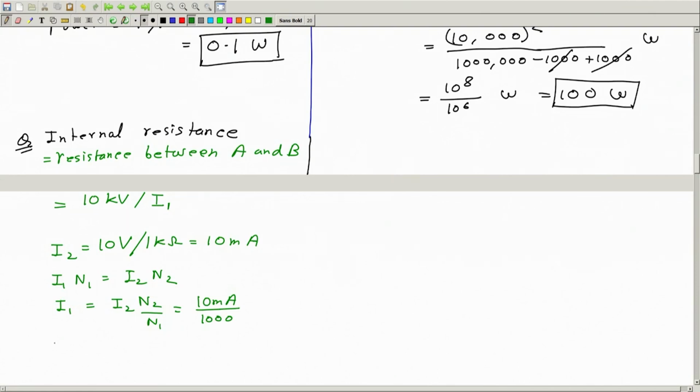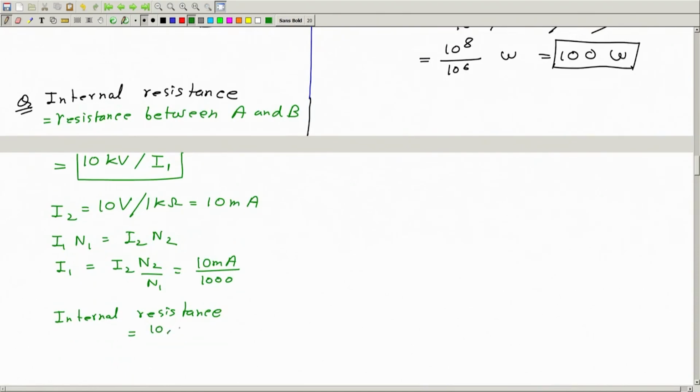Okay, so this is I1, and therefore the internal resistance is 10 kilovolt by I1, which is 10,000 volt divided by 10 milliampere divided by 1000.